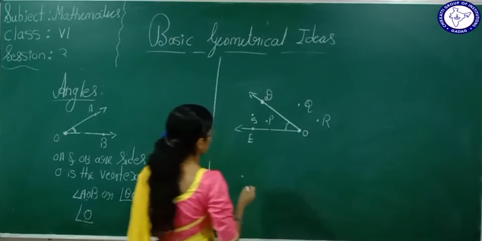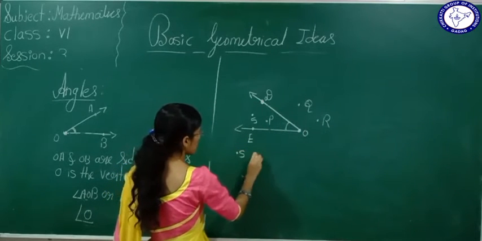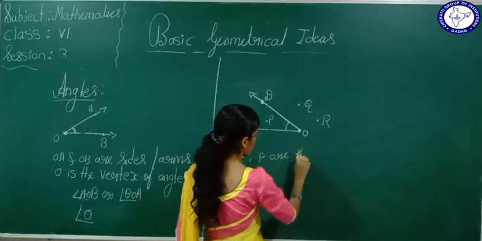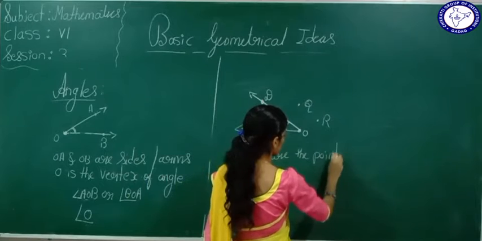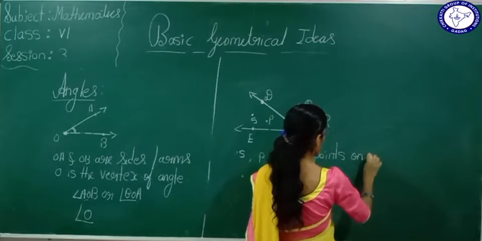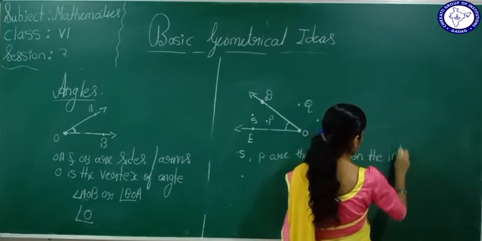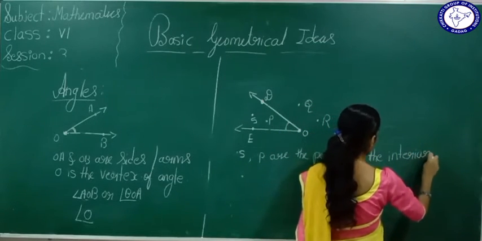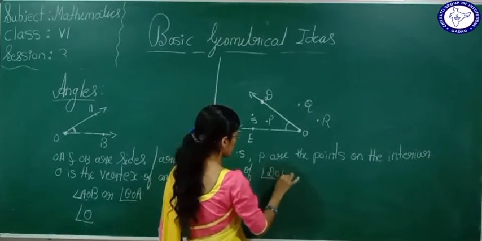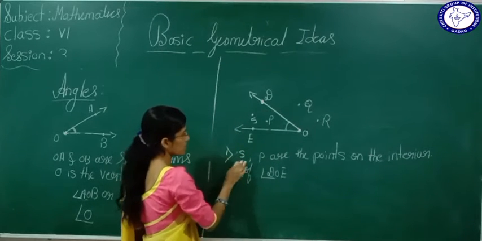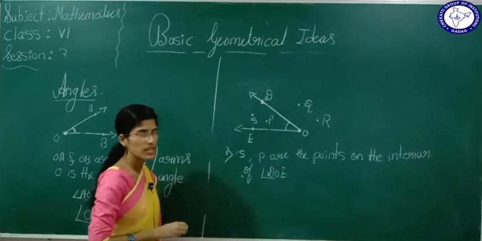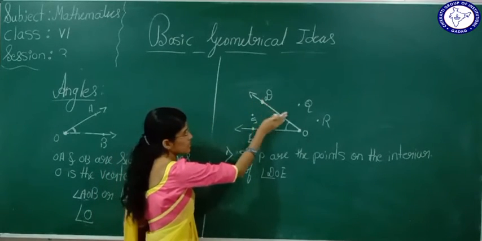Points S and P are the points on the interior of angle DOE. Yes or no? Interior means inside, this portion.